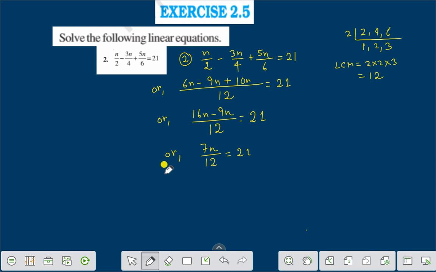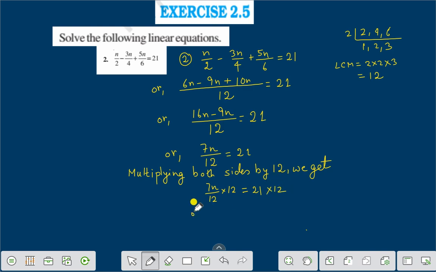Multiplying both sides by 12, we get 7n by 12 into 12 is equal to 21 into 12.